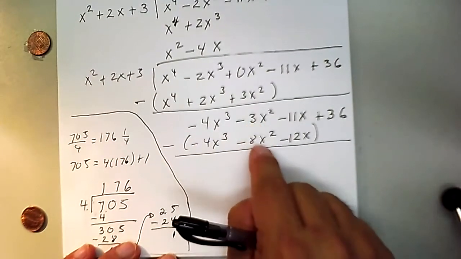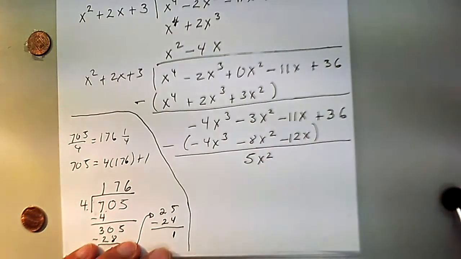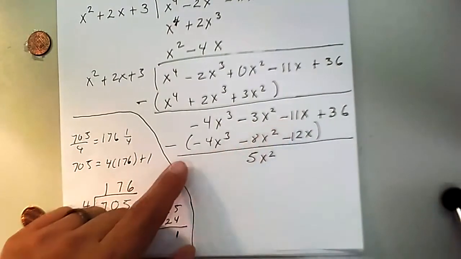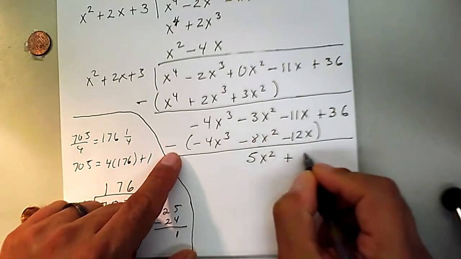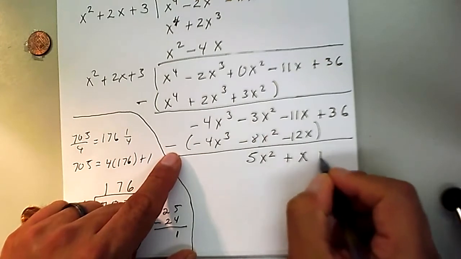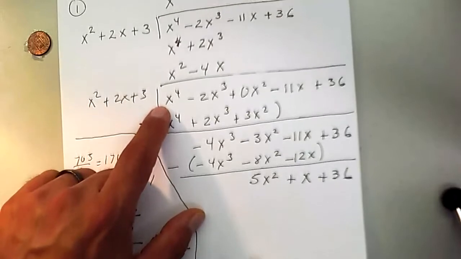So negative 3 plus 8 is 5x squared. Negative 11 plus 12, that means plus 1x plus 36. Okay, so the x to the 4 is gone.